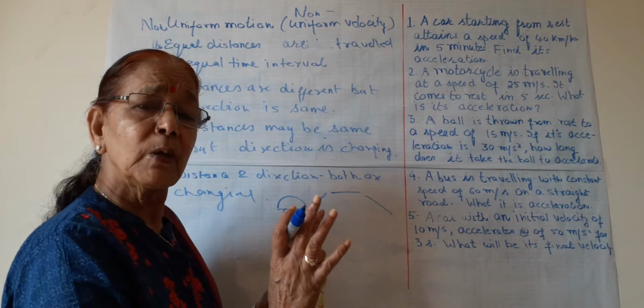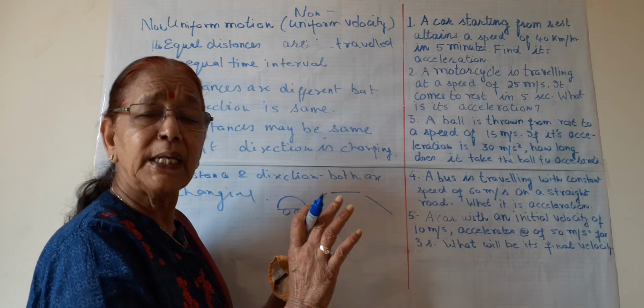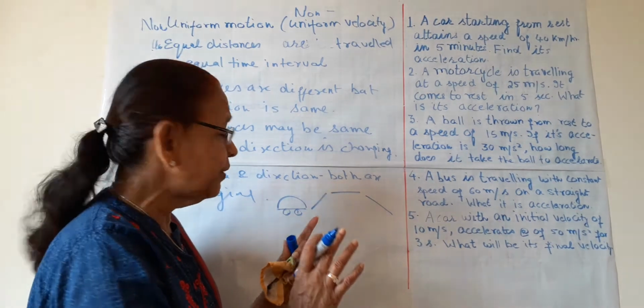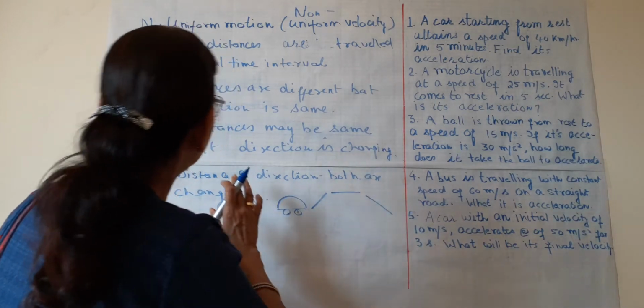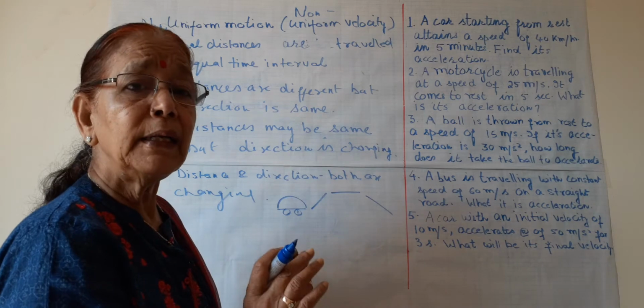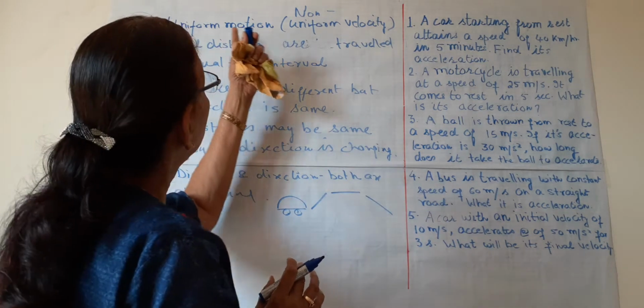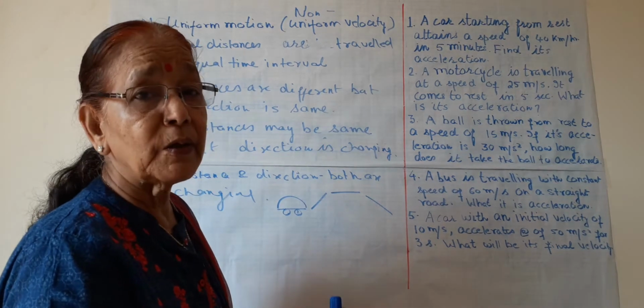So direction is also changing and speed is also changing. When speed is changing, the distance covered will change. So a car on a busy road is the example of this one, when distance and direction both are changing. So this is non-uniform motion or non-uniform velocity.